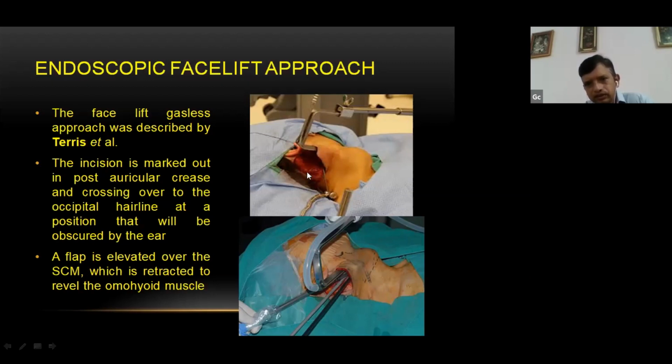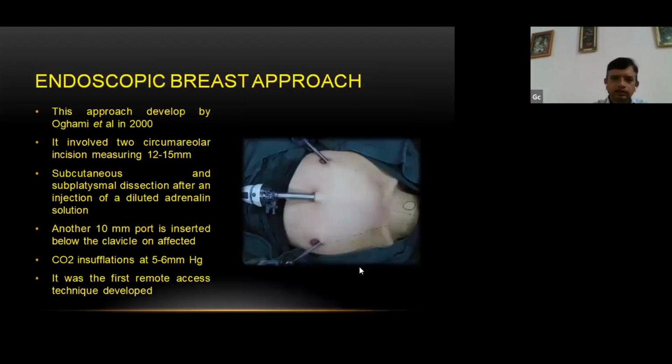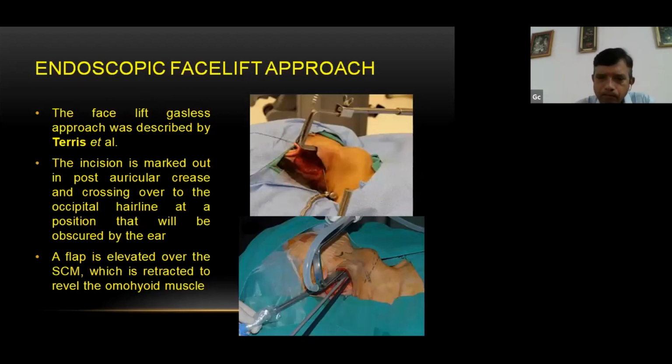If you open this flap, after the sternocleidomastoid muscle you directly reach over the thyroid. So by this technique you can do the thyroid, and this technique is also very popular, mostly among ENT surgeons or head and neck surgeons, because they are very familiar with the anatomy of the neck.